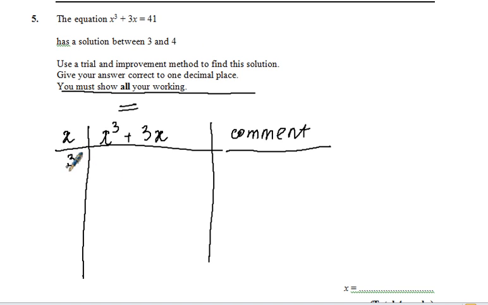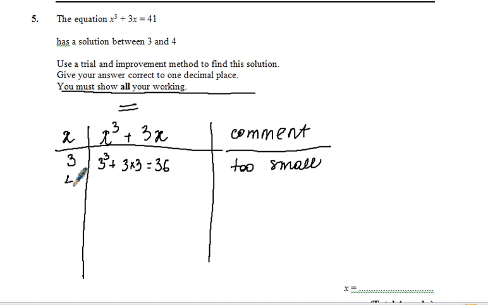Okay, so they said that the solution should be somewhere between 3 and 4, but we don't know how far. Alright, so I will calculate the value of the expression that I have on the left side for x equals 3, and you need literally to write down everything you were doing. You substitute x with 3, so you have 3 cubed plus 3 times 3, which is 27 plus 9, so it is 36, and it is of course too small.